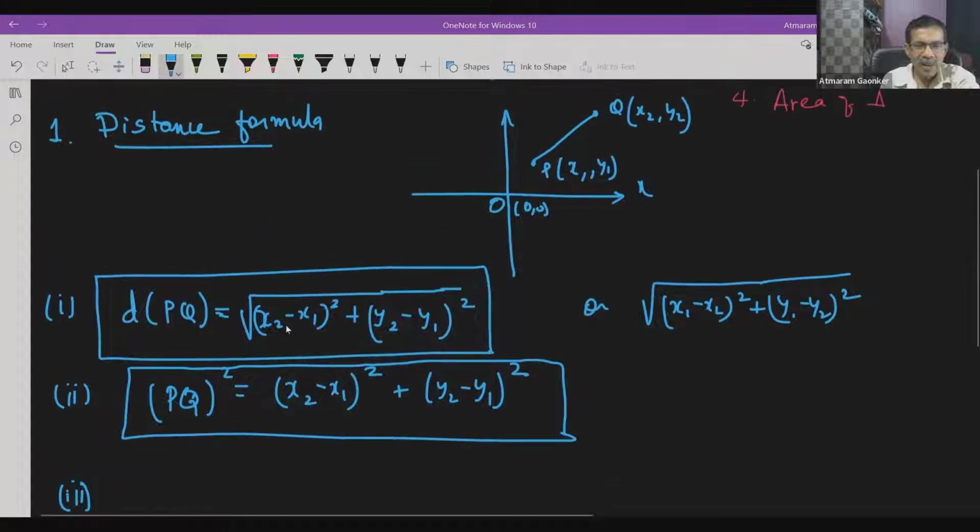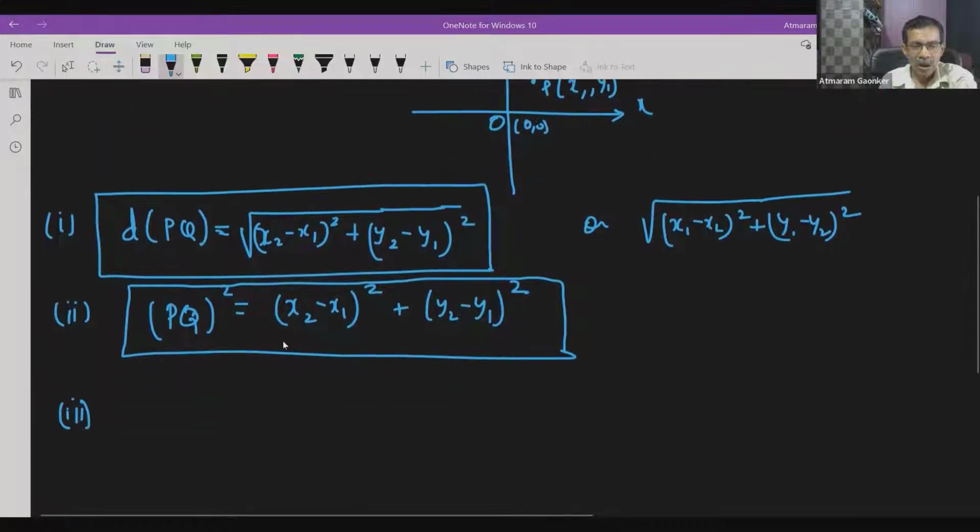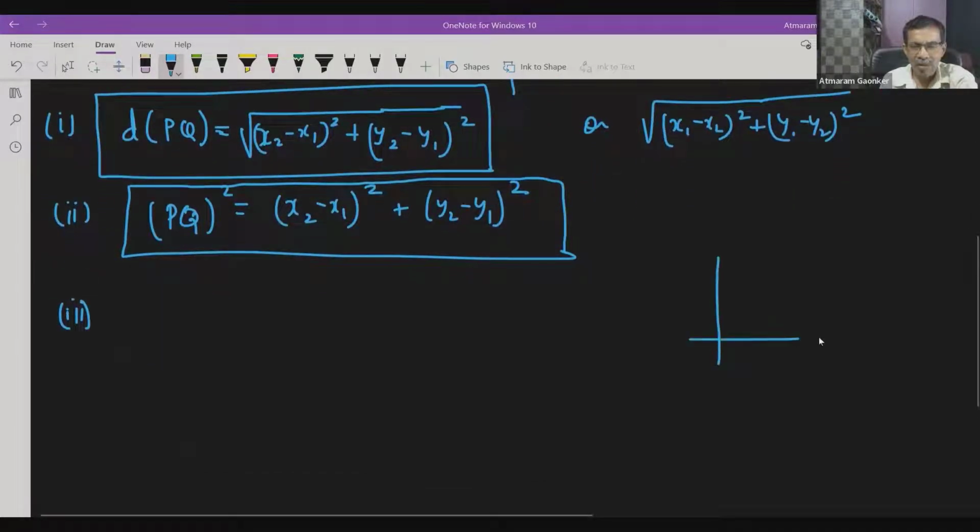This was the distance between two points if the coordinates are (x1, y1) and (x2, y2). There can be one more case like this.